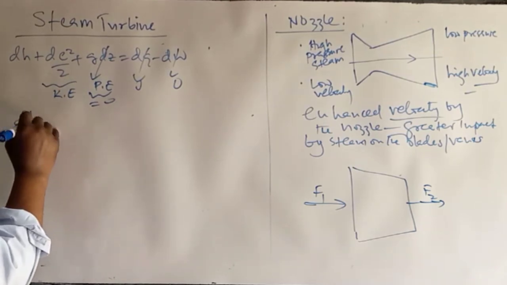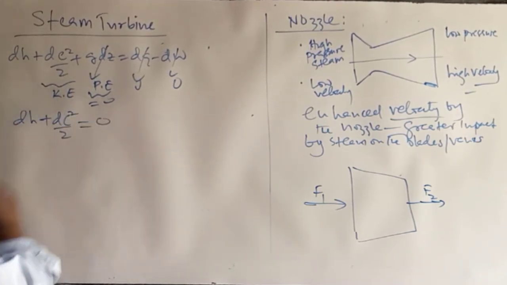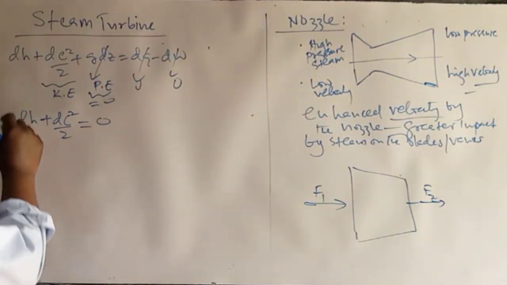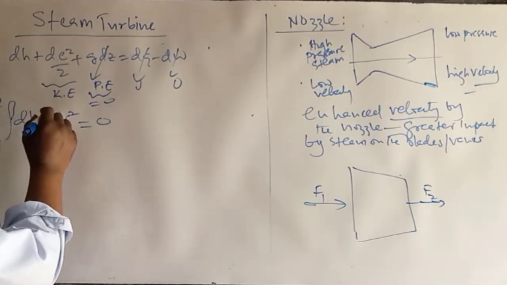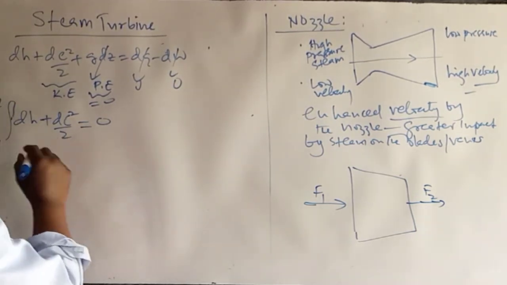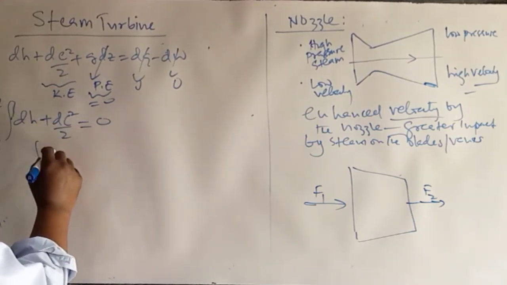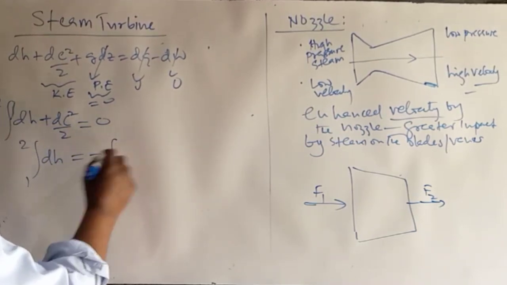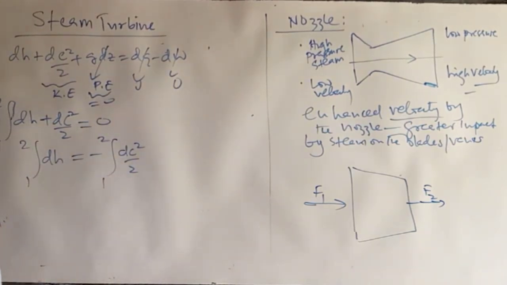So we are left with dH plus d c squared over 2 is equal to 0. Remember, c is the velocity. If we mark the inlet as 1, outlet as 2, then we can say that the integral of dH from 1 to 2, moving that to this side, minus the integral of d c squared over 2 from inlet to outlet.